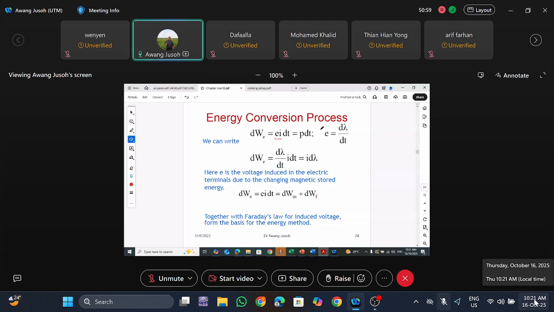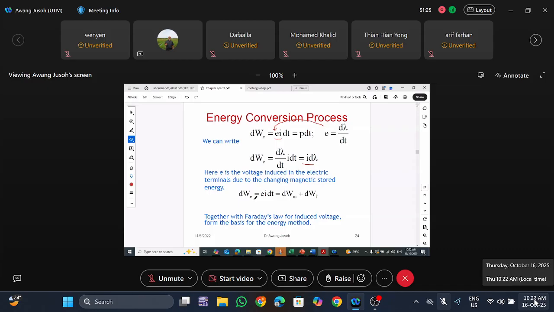What we studied before is that the voltage e equals dλ by dt, and we can substitute that here into e. Then we get this equation. So dWe equals i dλ. That is the relationship between electrical energy and the energy stored in the magnetic field in the particular system.